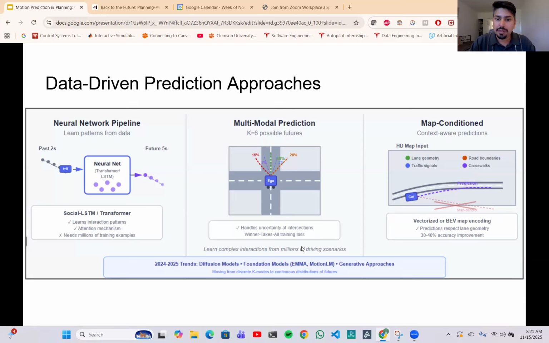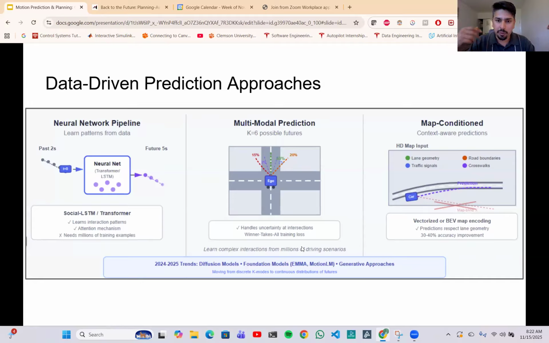And as I said, most of it will be a multimodal prediction of where the agent wants to go, and all of the probabilities of these multimodalities will sum up to one. That's what you want it to be, and that helps us on the planning side as well to know how likely the agent is to go straight versus taking a left or a right, or, in the case of a highway merge, are they going to cut in front of us so we have to hard brake, or are they going to merge ahead of us by speeding up, or are they going to slow down?